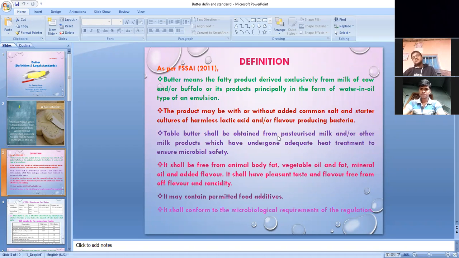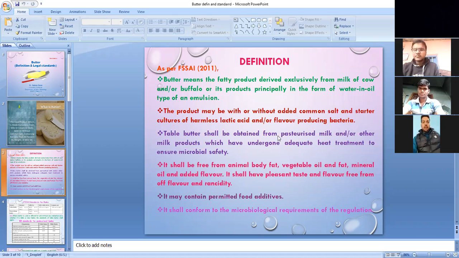Generally we observe in newspapers that some butter is adulterated with vegetable fat or animal fat or mineral oil. That is not good, not only from the nutritive point of view, but also because it does not meet the requirement for the product to be called butter.